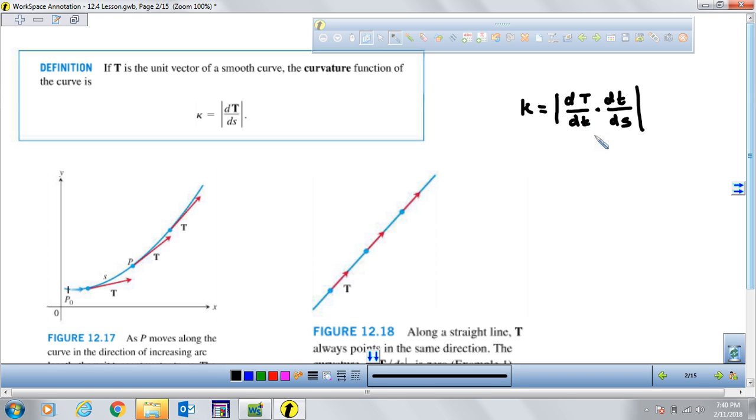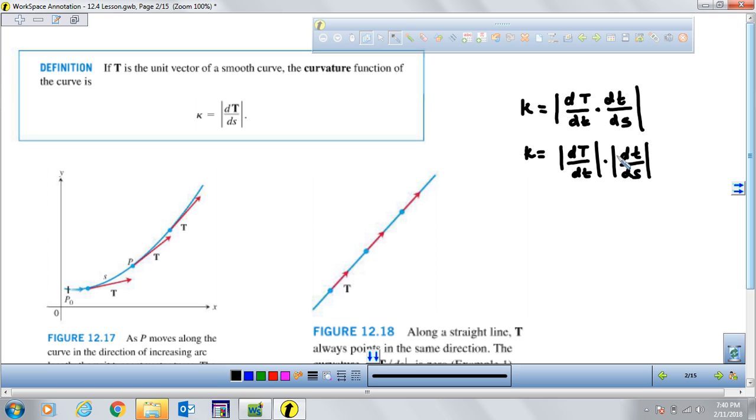So we can rewrite it in this form, and thus if we separate it, this is going to be the following: the derivative of the tangent with respect to the parameter t times the derivative of the parameter t with respect to the arc length.